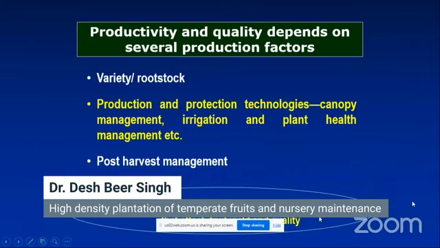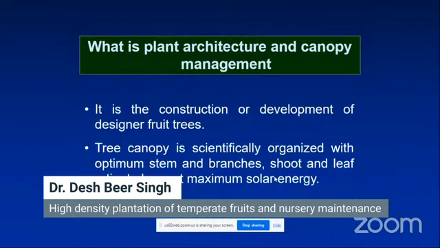Canopy plant architecture is one of the major production factors which affects yield and quality. When we go for high density plantation of temperate fruit crops, it is very important that we consider plant architecture and canopy management.